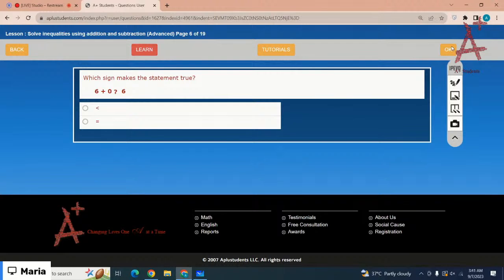So which is the correct option? Yes, they both are exactly equal.